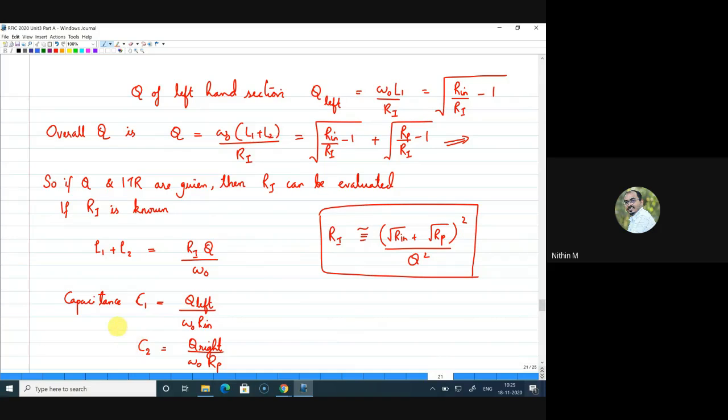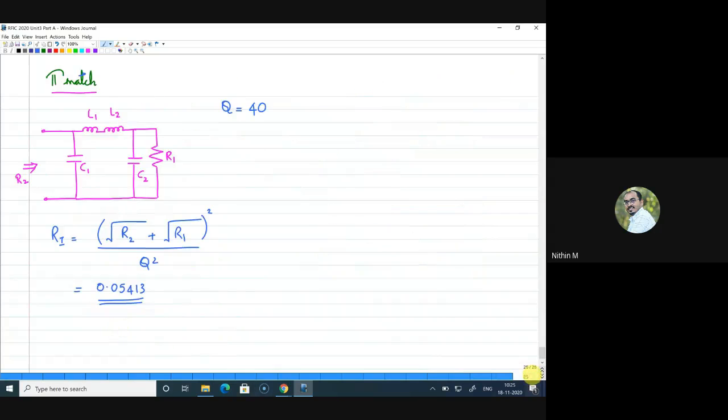So C1 is equal to Q left divided by omega naught into R2, and C2 is equal to Q right divided by omega naught into R1. To evaluate these two, you should know Q left and Q right.